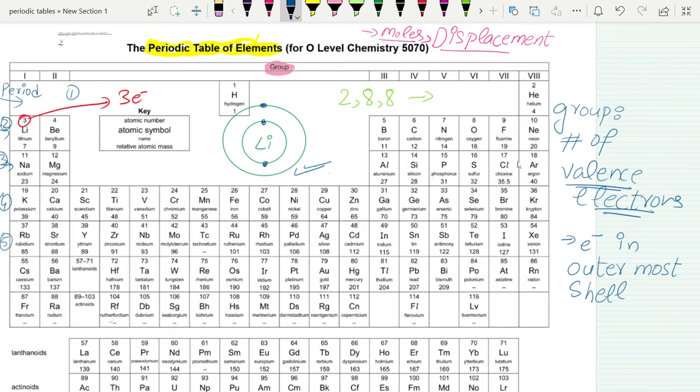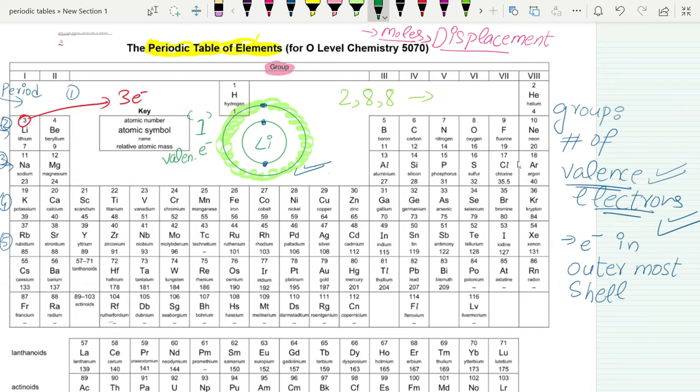Now what does the group tell us? The group tells us the number of valence electrons, the electrons in the outermost shell. Lithium has its outermost shell as its second shell. How many electrons are there in the outermost shell? Only one valence electron.